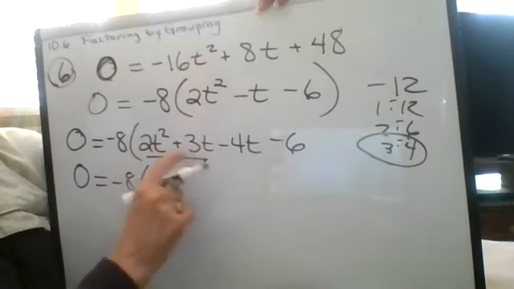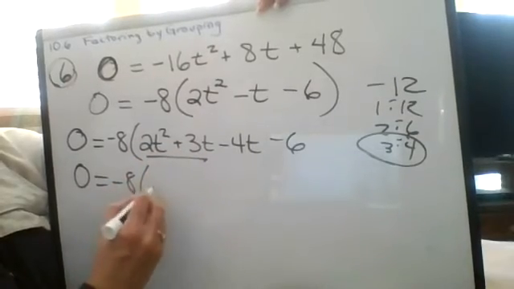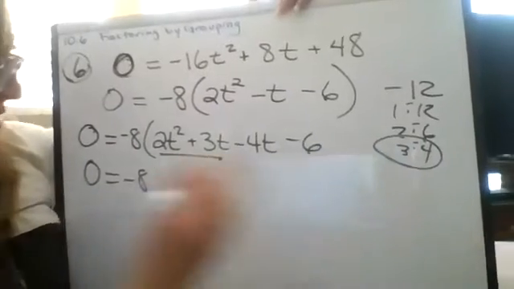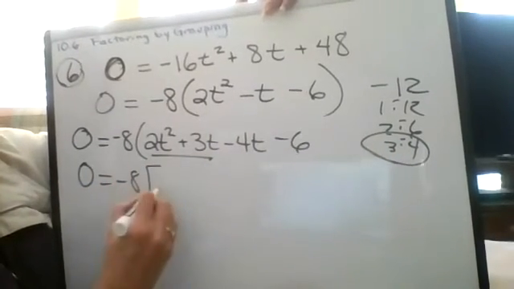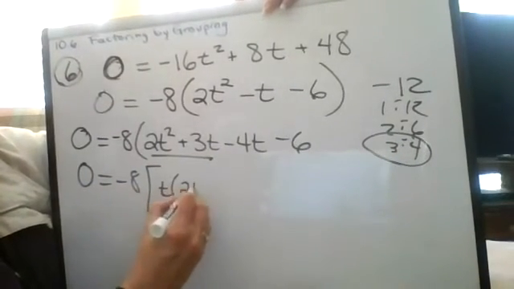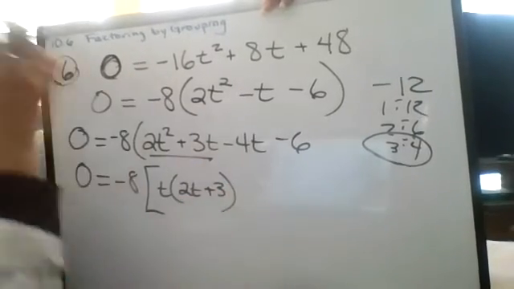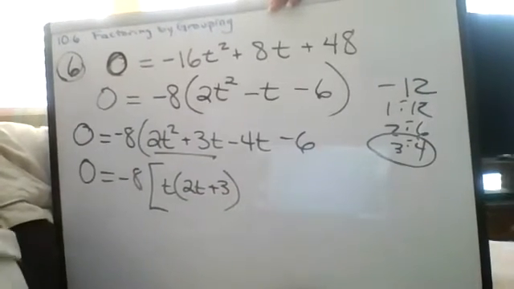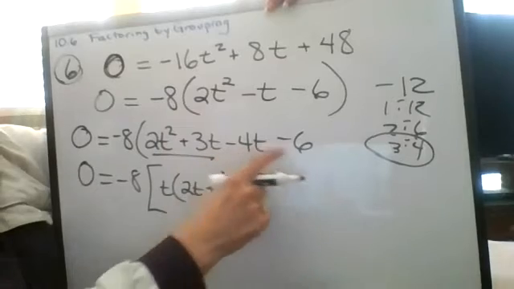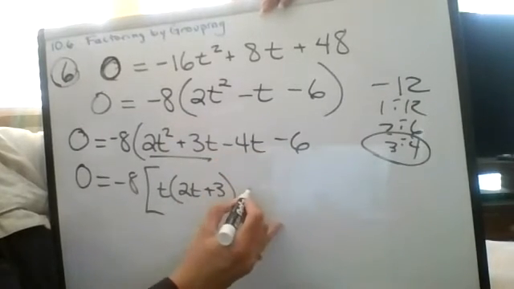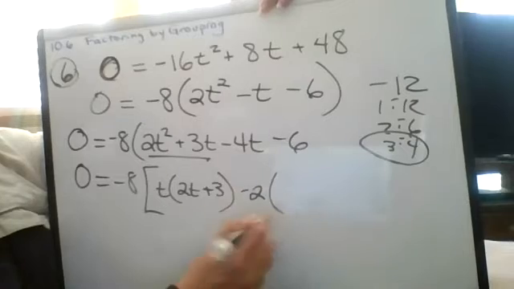What comes out of 2t squared and 3t? Just t. I'll use a bracket so we don't have double parentheses. I don't want it to get too confusing. So we'll pull out a t, and I get 2t plus 3. Now out of the other pair, I want it to be positive, so I'm going to pull out a negative number. I'm going to pull out -2 and see what happens. I get a -2 times what?